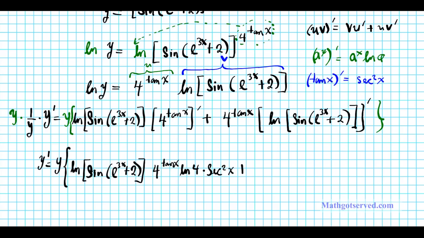Now, we're going to differentiate this part. We're going to do uv prime. So u is simply 4 to the tan x. Now let's differentiate this. To differentiate the natural logarithm, let's go over the rules over here. The derivative of ln x is 1 over x.